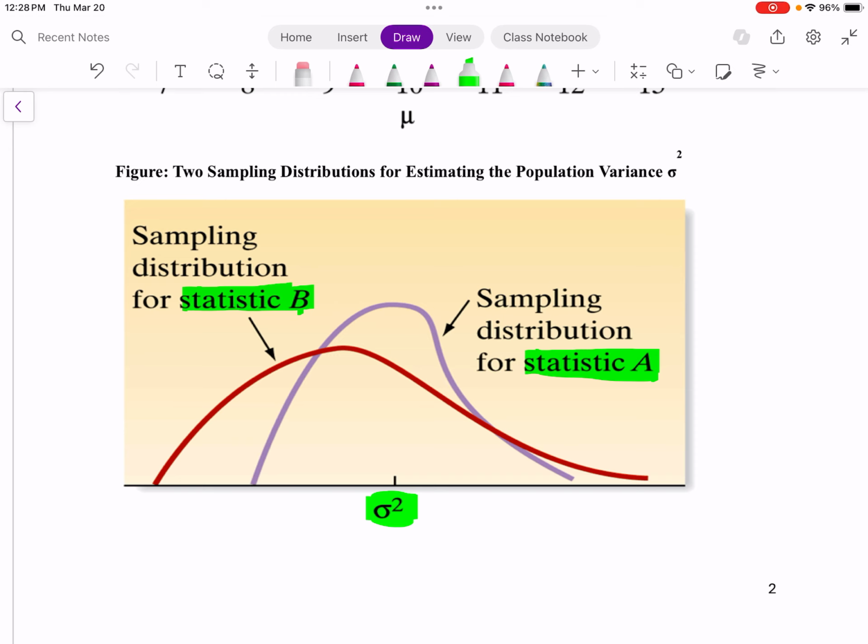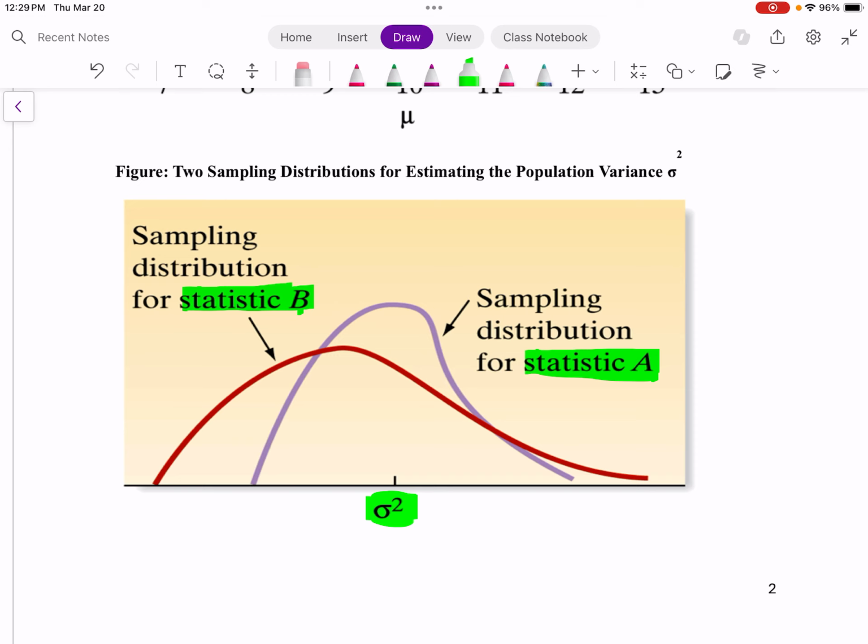And the next thing, we look for the sampling distribution that has less variability. Variability means less spread. Which distribution is less spread? A, right? So our statistic A will be the best estimator for our sigma square.